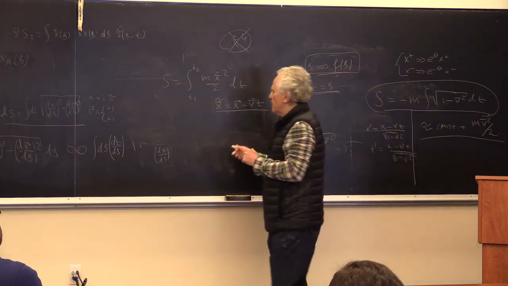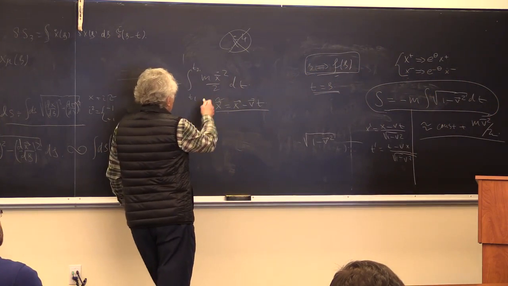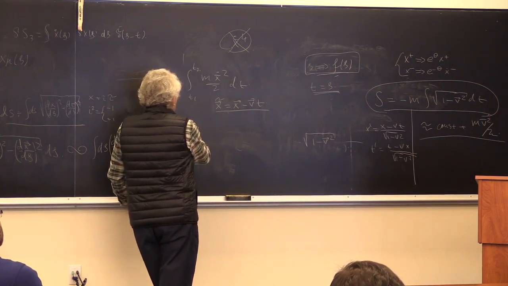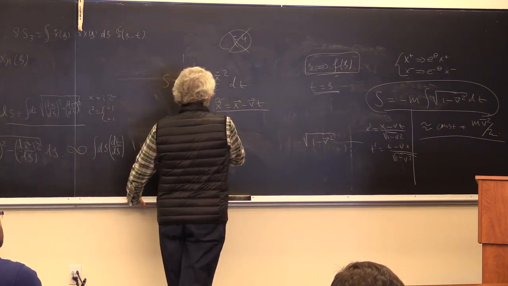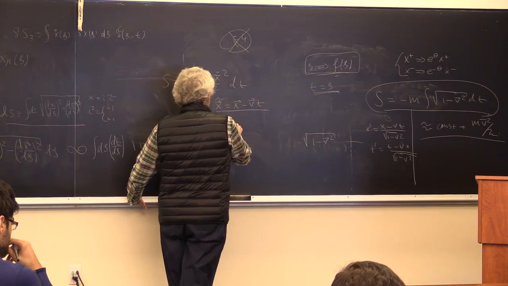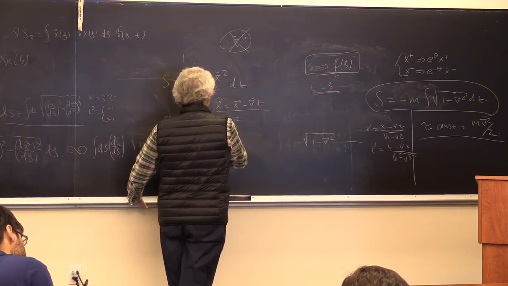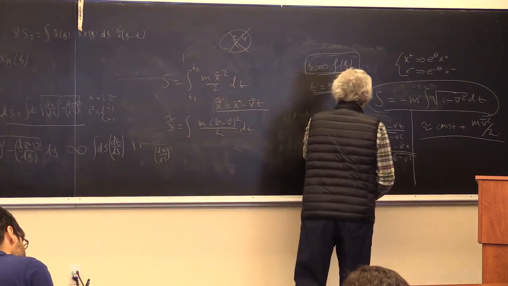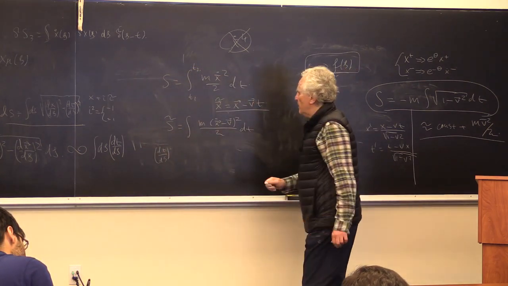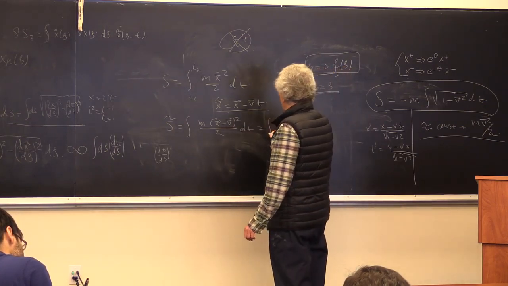Under Galilean transformation, it's slightly trickier. So we see that the new action is m (x dot minus v) square divided by 2 dt. Okay? So the action changes.